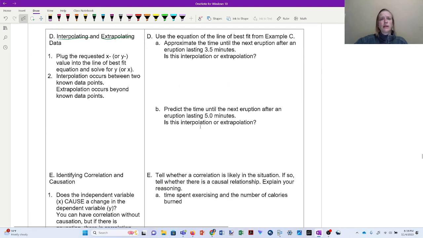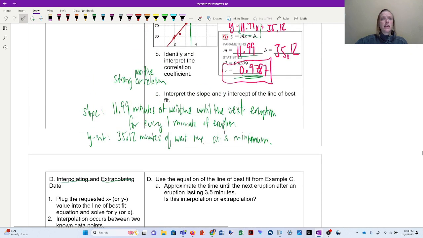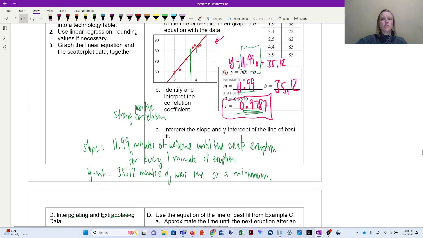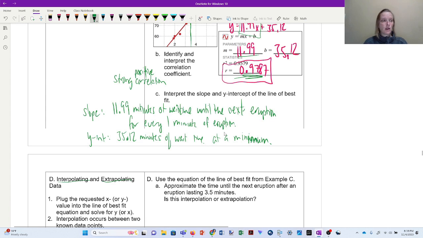The way you interpolate is you just take your equation, which in this case, remember, is y equals 11.99x plus 35.12. And we plug in the x value of interest to us.